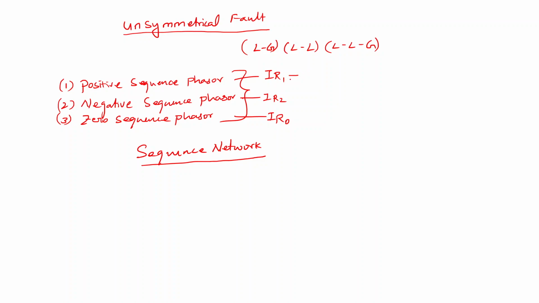There will be some network especially for the positive sequence, and for the negative sequence also there should be a network, and for zero sequence also there should be a network. This network, the flow inside the actual circuit, that diagram is needed to find out the unsymmetrical fault.